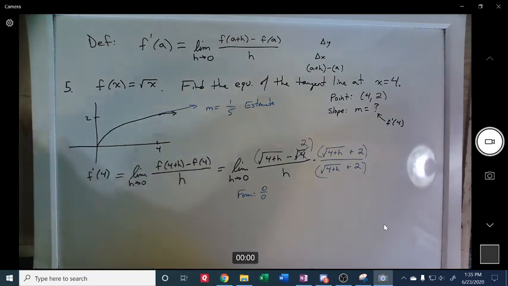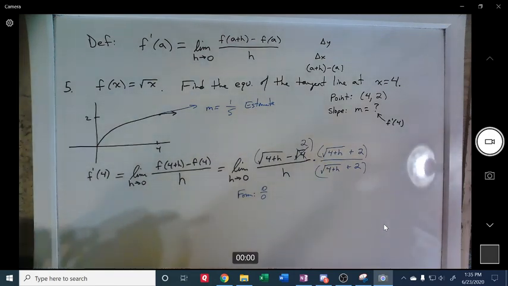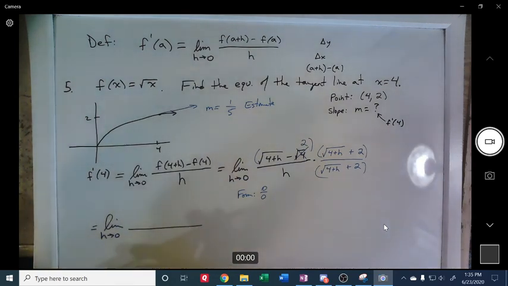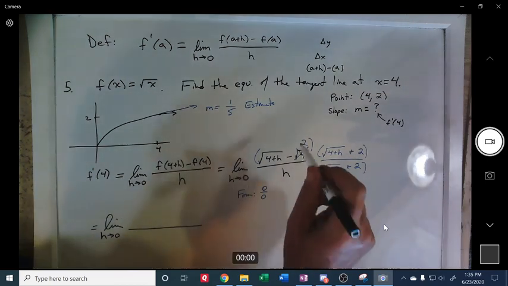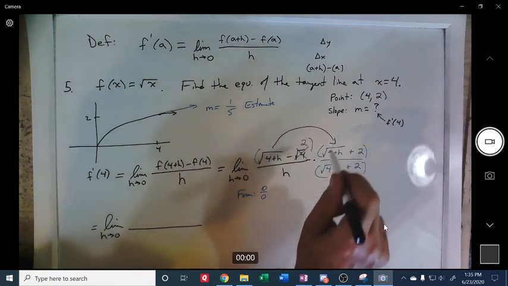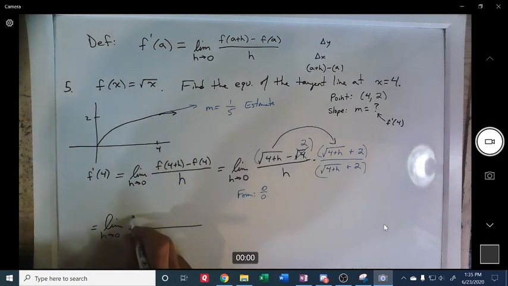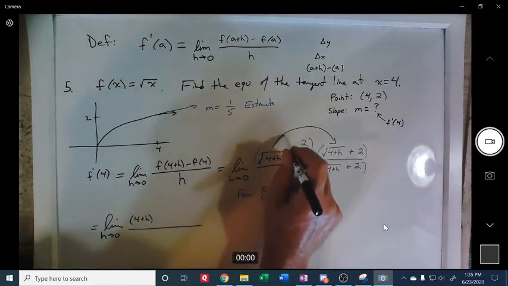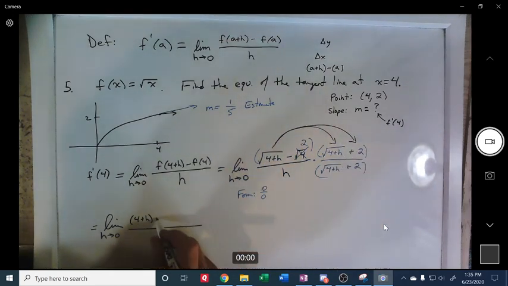Alright, and then equals, h approaches 0. Now when I multiply that out, this times this, the square roots just go away. The two middle terms are going to cancel each other out.